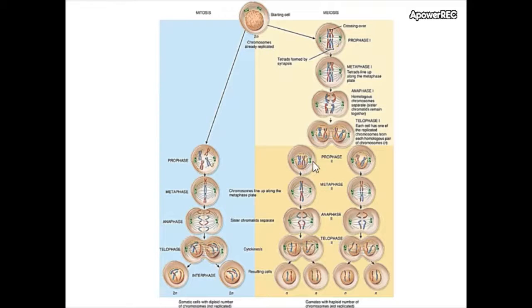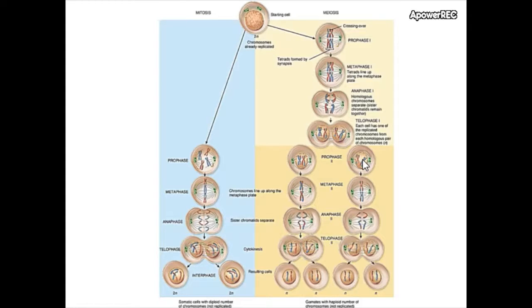So this haploid cell again goes through metaphase where the sister chromatids align, just like you see in metaphase in mitosis. And then in anaphase, we have a splitting of those sister chromatids. And so they get pulled into new sections of the cell. And then you go through telophase and cytokinesis.